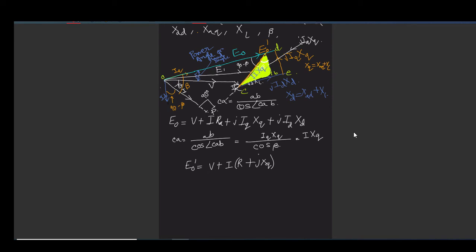Well, if that is the case, then this can further be simplified. E0 dash can be written component-wise.